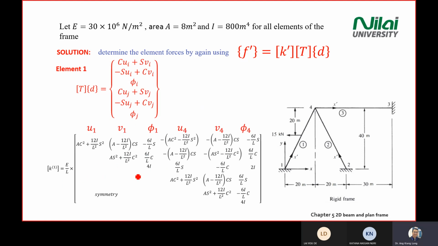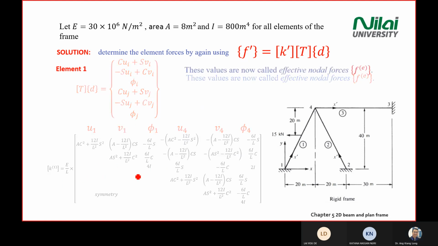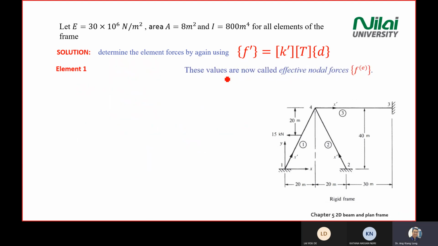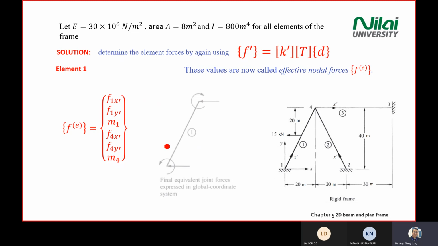So this is basically all the mathematical steps. All the values you find in these steps are the element forces, where Fe equal to F1x, F1y, M1, and point number 4 for element 1, F4y prime, and M4. It is here. So these are the forces that you find.